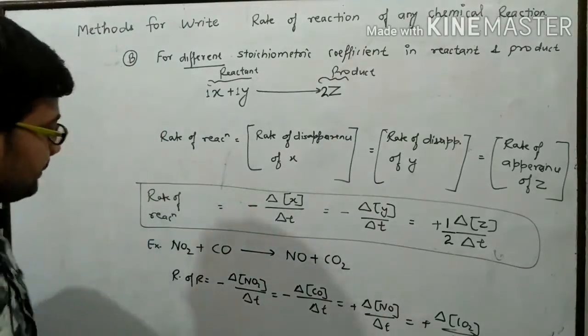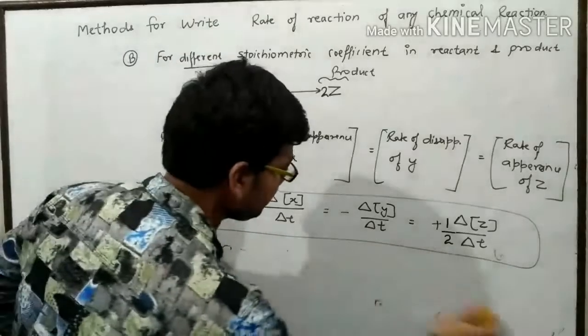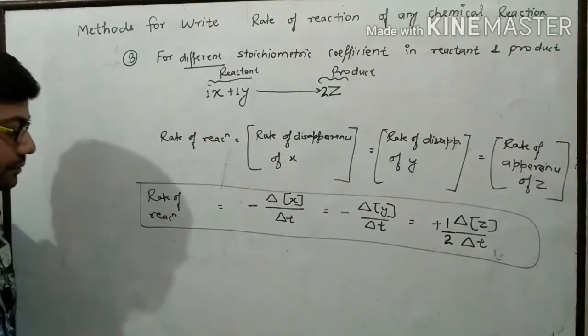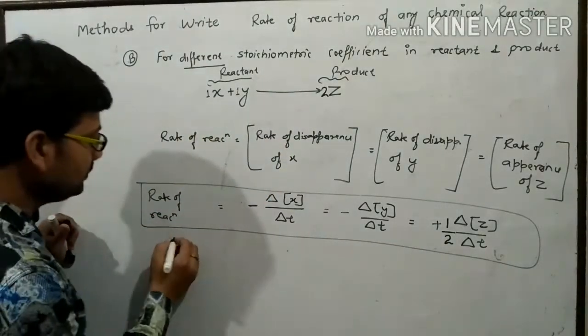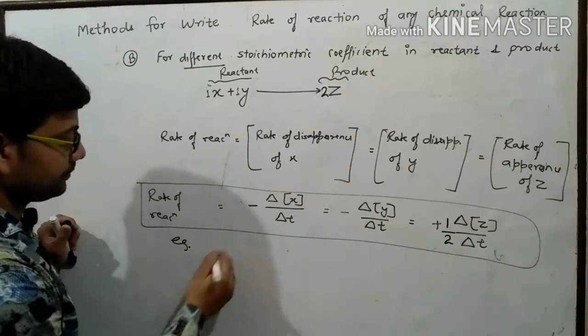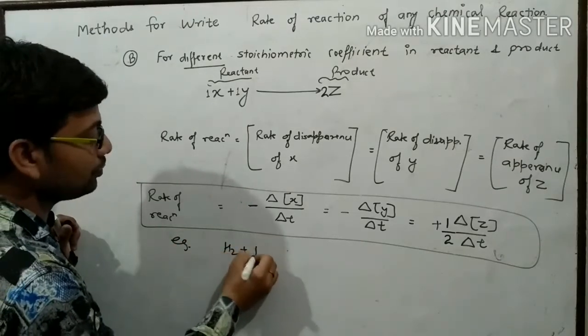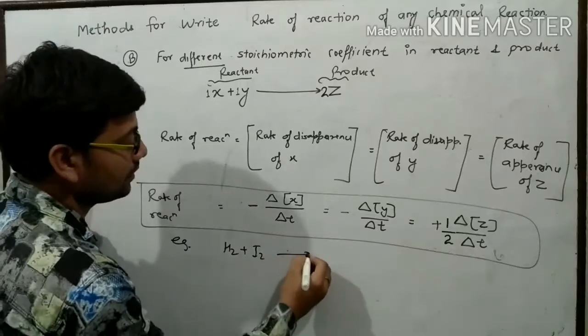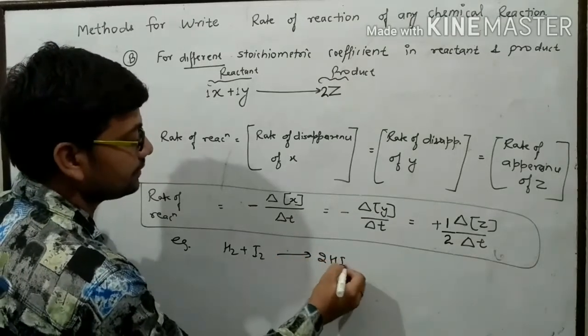Like an example, H2 plus I2 gives out 2HI.